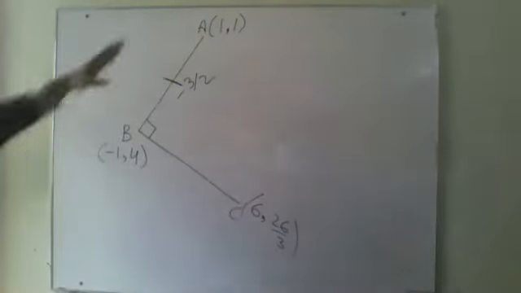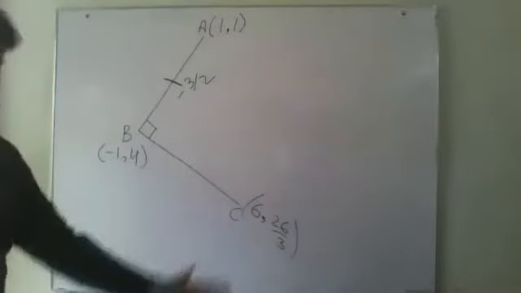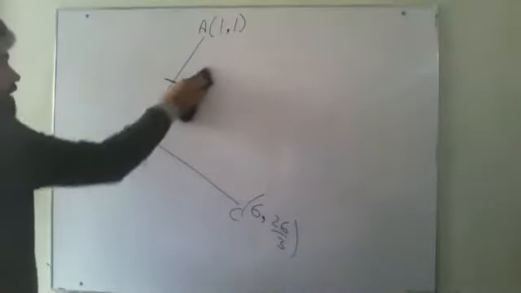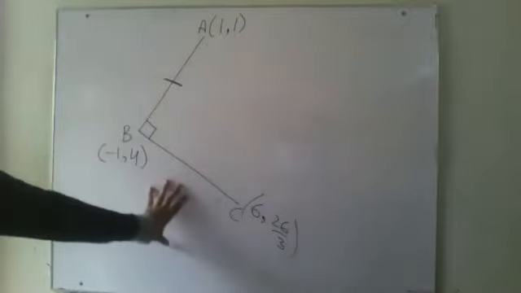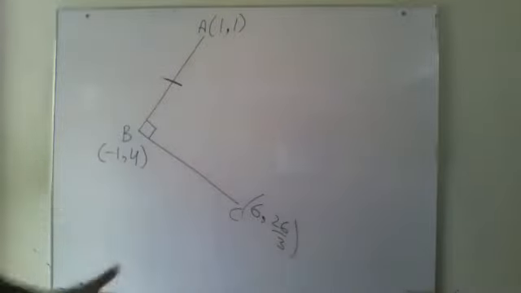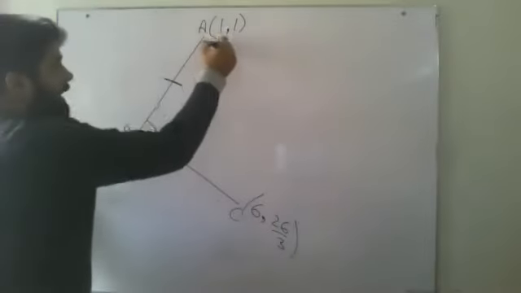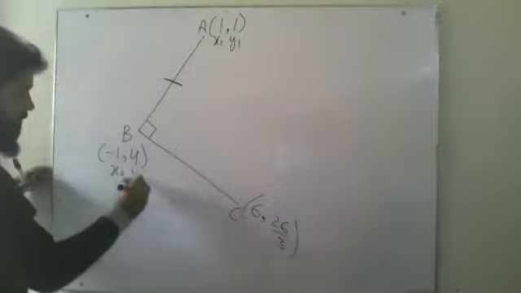Okay, so now these two lines are given in front of us, AB and BC. And the first thing which I am going to do over here is find the gradient of this line and the gradient of this line, and then according to that, I'm going to tell you something. First of all, finding out the gradient of this one, x1, y1, x2, y2.